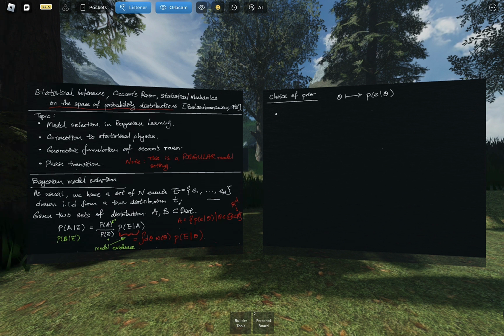So we want our prior to be reparametrization invariant. Another way to say this is that we are kind of embedding our parameter space into the space of distributions.